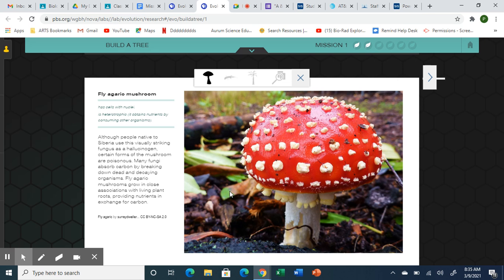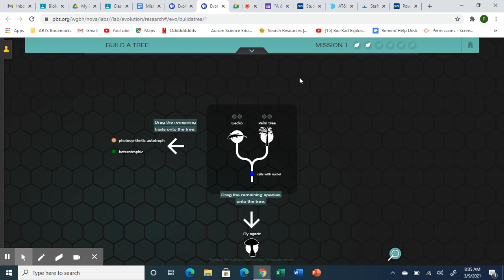Certain forms are quite poisonous. Many fungi absorb carbon by breaking down dead and decaying organisms. I think we learned that. Fly agaric mushrooms grow in close association with living plant roots, providing nutrients in exchange for carbon. Okay. All right. Interesting, huh?